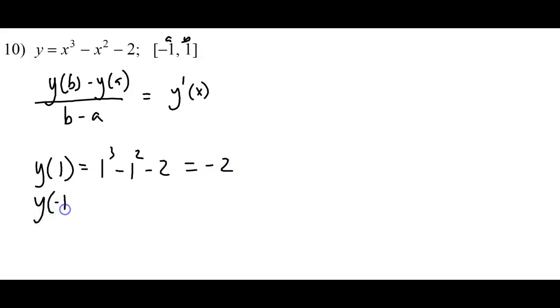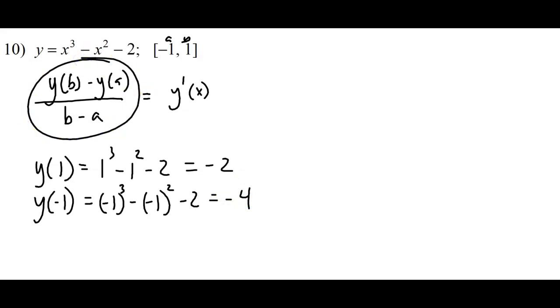Now I want to find y of negative 1. That's the a value. Let's see, negative 1 minus 1 is negative 2, minus 2. That's negative 4, I believe. And so if I plug the values in up here, y of b was negative 2. Y of a was negative 4.